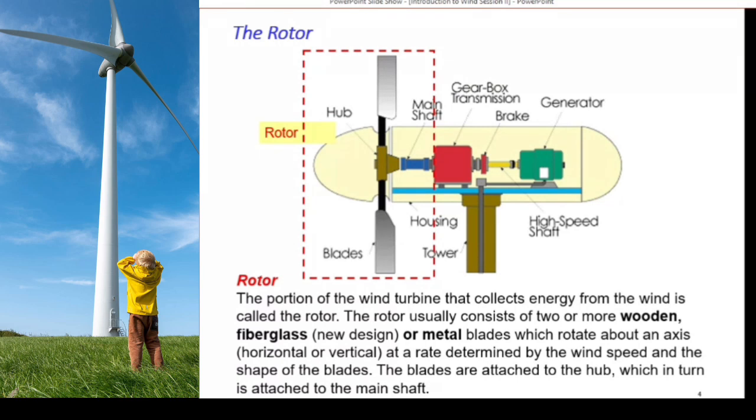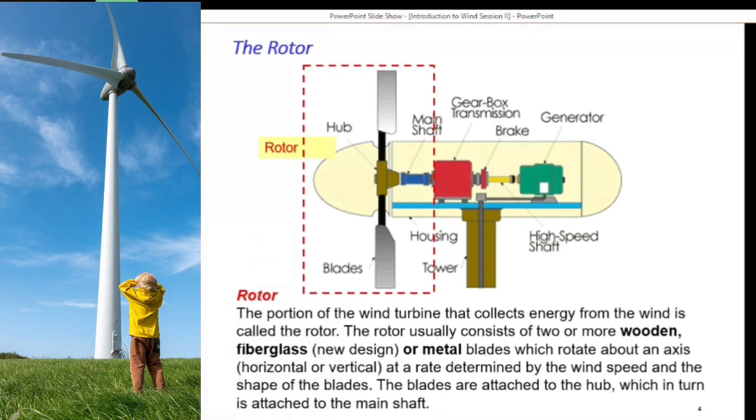Now, this is the main part of the blade. Last time we discussed some parts of the wind turbine, but the rotor is made of blades, hub, and of course the main shaft.